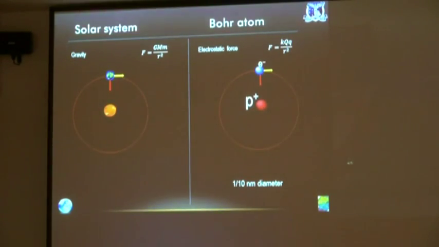And so it seemed like a simple step to take this idea and apply it to the atom, taking Rutherford's newly discovered nucleus and putting electrons in orbit around it, now held not by gravity, but by the electric force, the mutual attraction between a proton and an electron. And Bohr worked out this should be about 1/10 of a nanometer in diameter, this object.